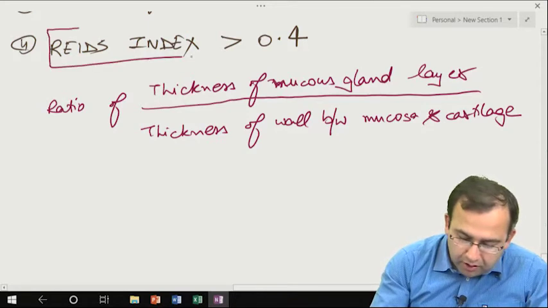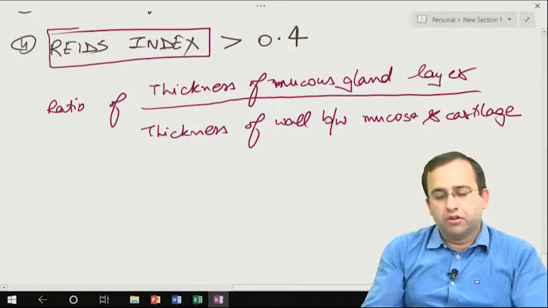Very, very important. Reed's index more than 0.4.